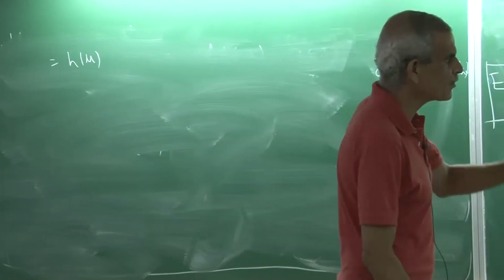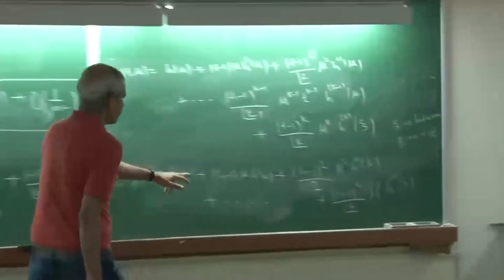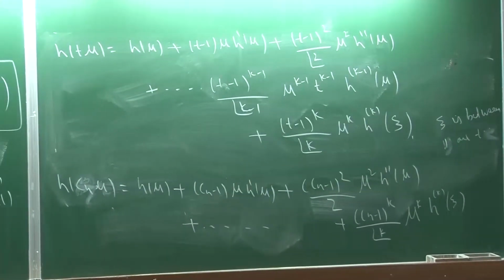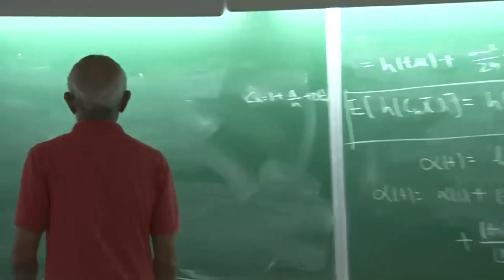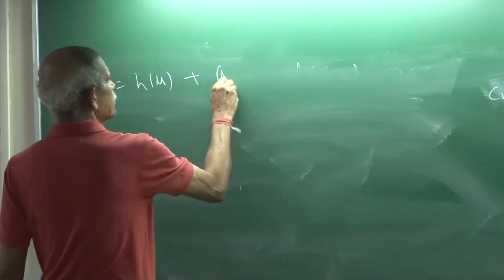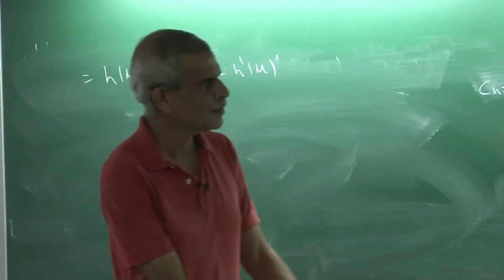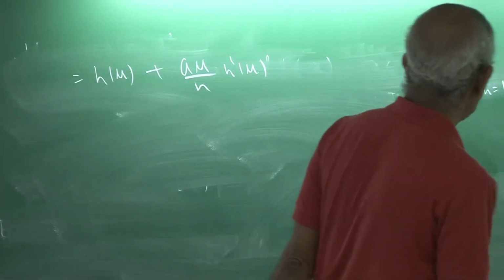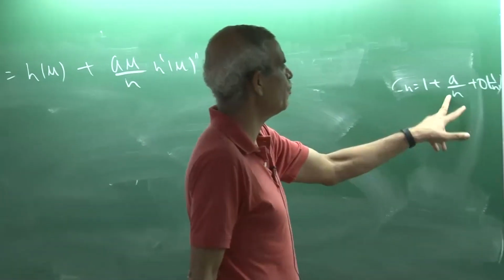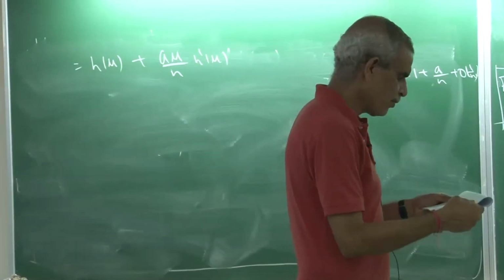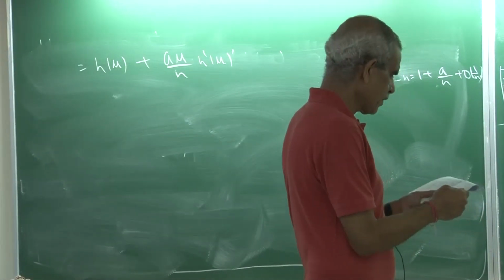So Cn minus 1 would be a by n, and the rest of the terms get involved in 1 upon n square. So this is a mu upon n h prime mu, plus Cn minus 1 whole square, which would be a square by n square. So that is not going to contribute anything.